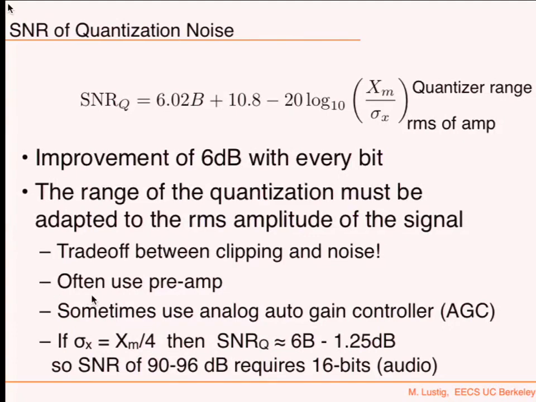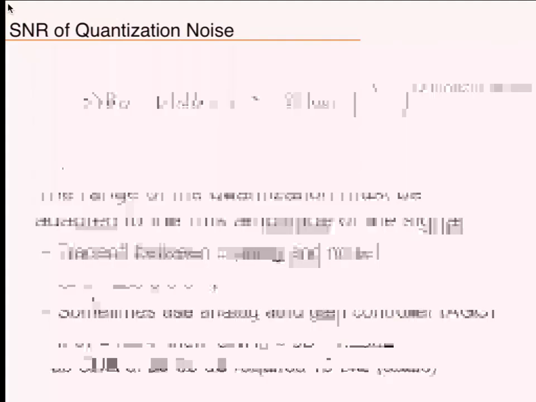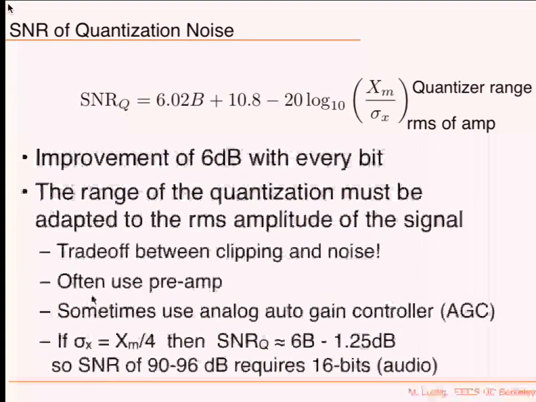And then if my signal changes over time, it's not stationary, and speech is not stationary, and other signals are not stationary, then I might want to use an analog auto gain controller, or AGC, that would change the gain of my amplification such that I get better quantization. Then I can account for that digitally if I know what the value of the gain is. Okay, so I can really get back the scale, but I don't get the quantization noise.